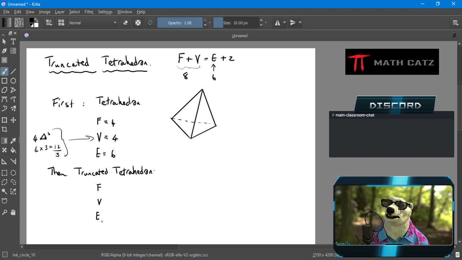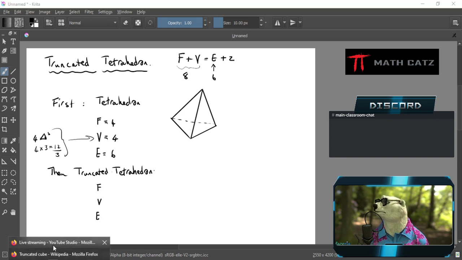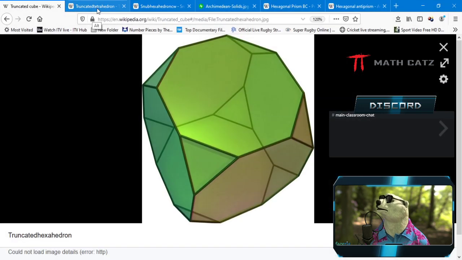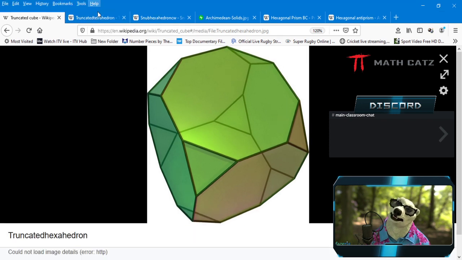All right. So now I'm not going to draw the truncated tetrahedron completely. That's going to be messy and difficult, and it's going to look like this. That's a truncated cube. Drawing that, it's not going to play to my strength.